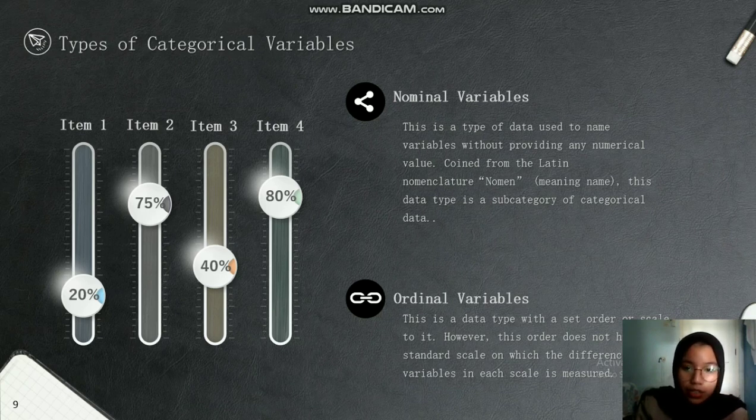And the next is ordinal variable. This is a data type with a set order or scale to it. However, this order does not have a standard scale on which the difference in each scale is measured.